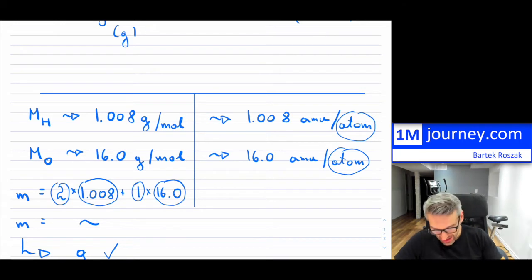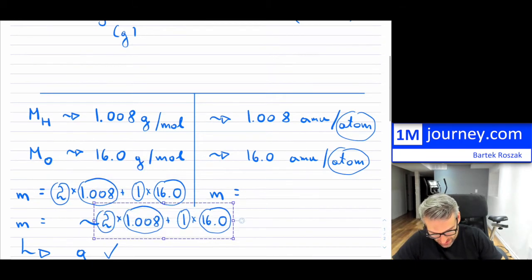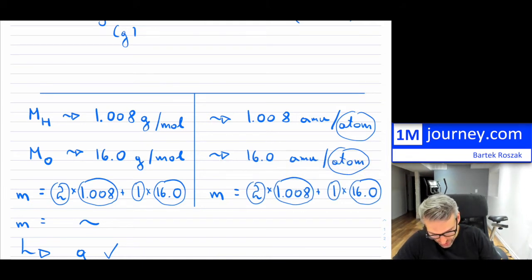The calculation in terms of the mass wouldn't be any different. You would still have exactly the same thing here. I'm going to duplicate it, except the units now change, and the units at the end would have been atomic mass units.